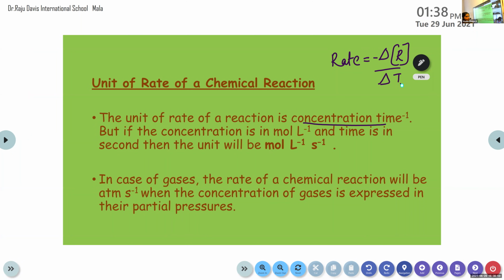So we have to consider the units of concentration and time here. In order to find the unit of rate of a chemical reaction, we have to know the unit of concentration and the unit of time. What about the unit of concentration?